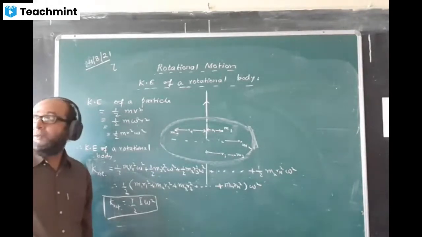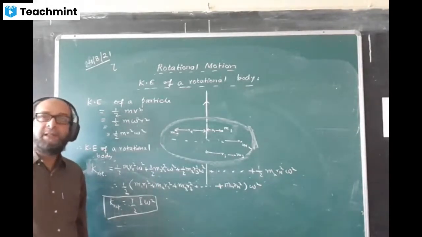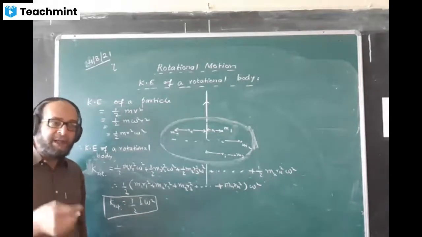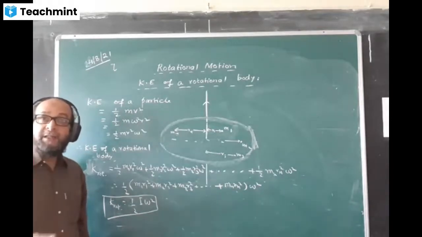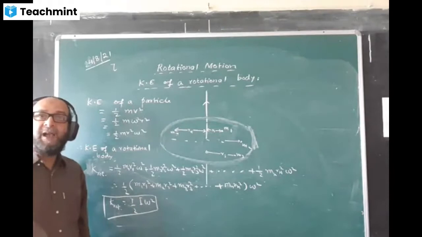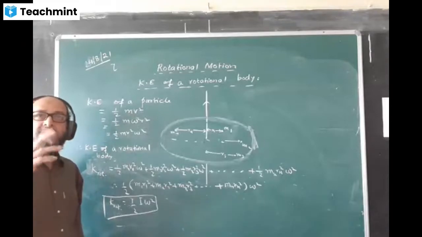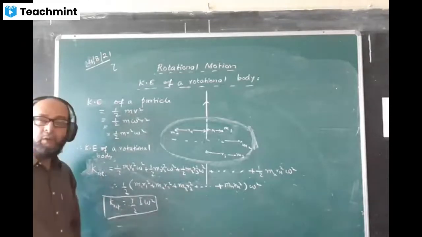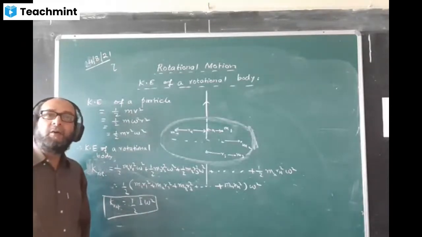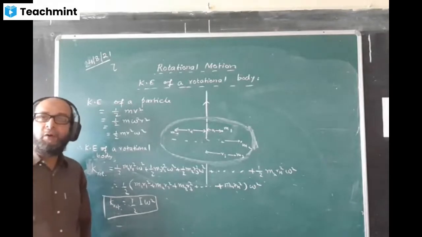In class 10, you used to learn that there are three types of kinetic energy: translational kinetic energy, rotational kinetic energy, and vibrational kinetic energy. Translational kinetic energy is half mv square, and rotational kinetic energy is half I omega square. Later, in the chapter on waves, the last part of physics, where we discuss simple harmonic waves, we will derive the formula for kinetic energy of vibration.